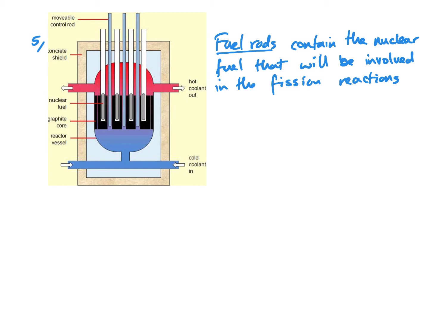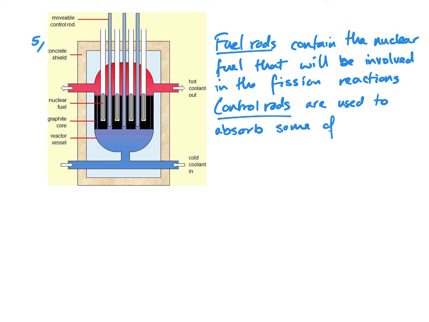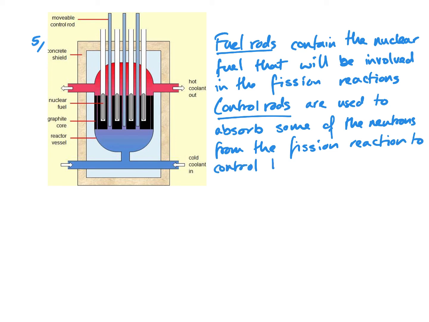You also have control rods though. And they're used to absorb some of the neutrons from the fission reaction to control how many more reactions will occur.